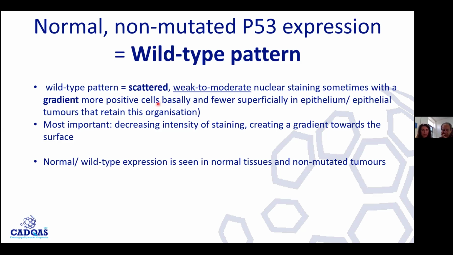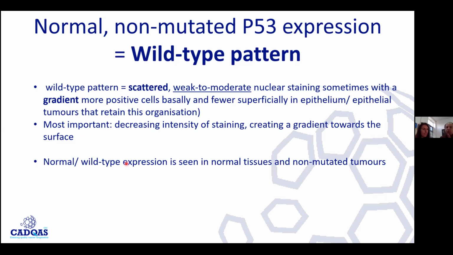And this is what I was saying earlier, because depending on the structure of the tissue, like for instance in fallopian tube, we see scattered. Again, the intensity has to be weak and moderate. Rarely we see strong staining intensity in normal, or it has a gradient of fewer and fewer cells and lower intensity as we go through to the surface.